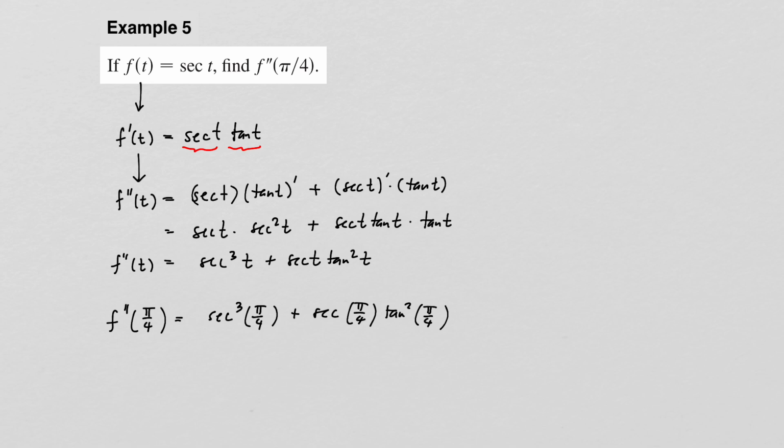And to complete this, we need to remember what is the secant of pi over 4 and what is the tangent of pi over 4. Well, tangent of pi over 4 is 1. Secant of pi over 4 turns out to be the square root of 2.